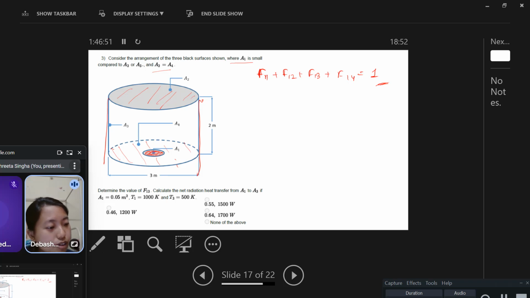Now F11 is obviously 0, it cannot see itself, and F14 is also 0, since A1 and A4 are lying on the same plane, overlapping with each other. So F12 plus F13 is equal to 1.